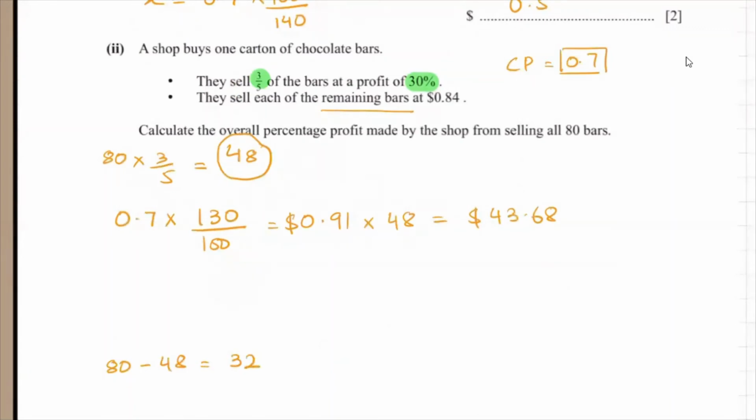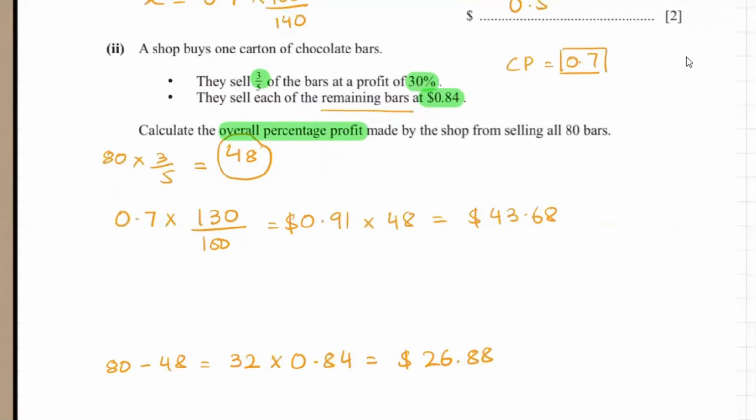They are being sold at $0.84. So let's multiply this amount by 0.84, and we will be getting our answer 26.88. All right.